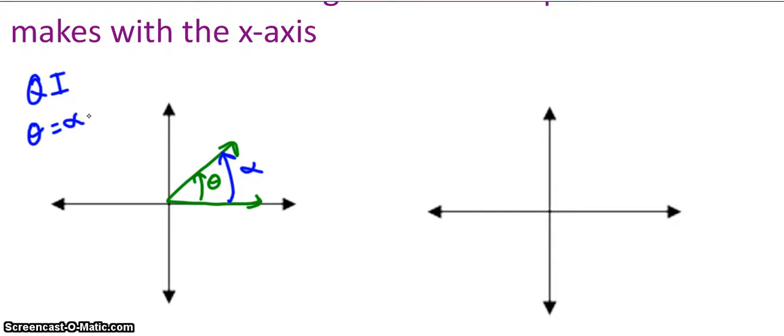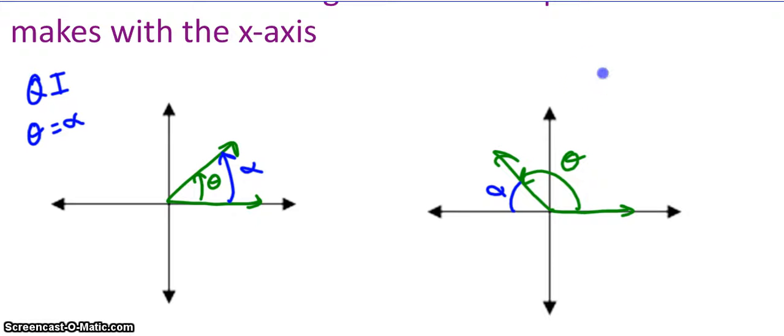Now, this is assuming that it was already an acute angle, right? I could have an angle that went around the circle more than once and it's still in the first quadrant. Then theta and alpha are not the same thing. If I have an angle in the second quadrant, so let's look at what this looks like. If this is my theta, then alpha is going to be this angle. And so in this case, we want to think about how do these two relate.